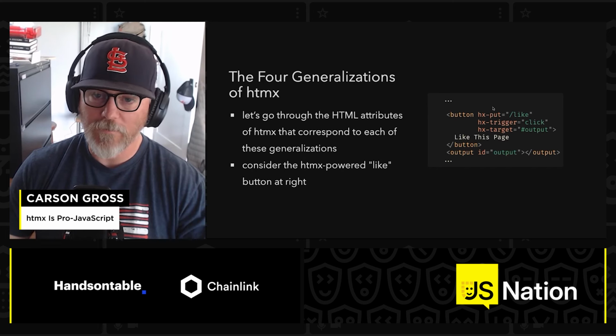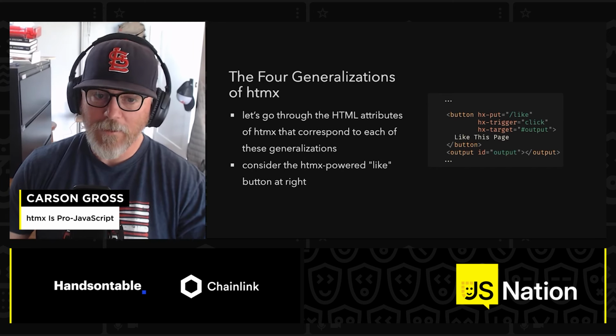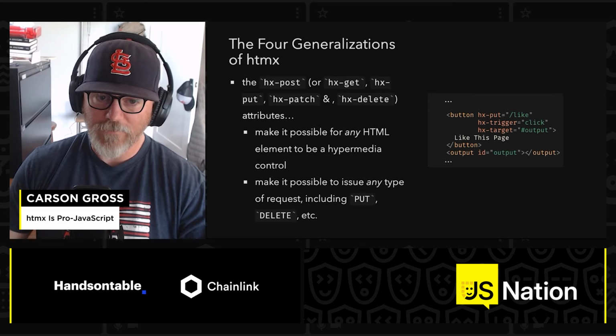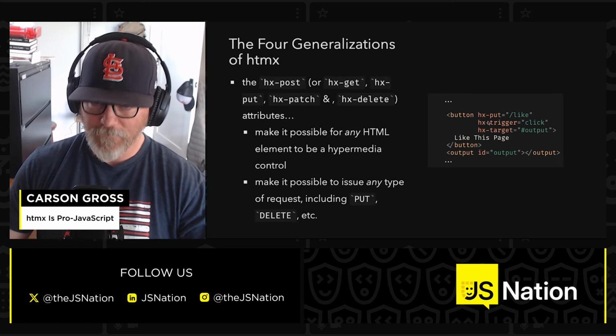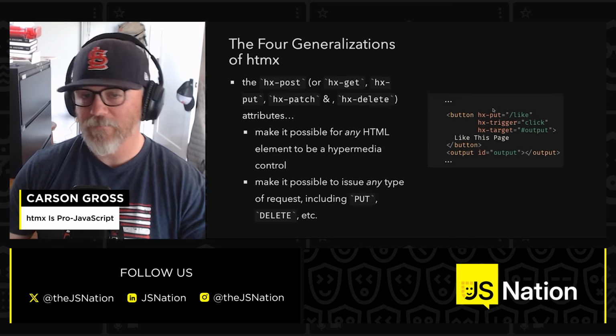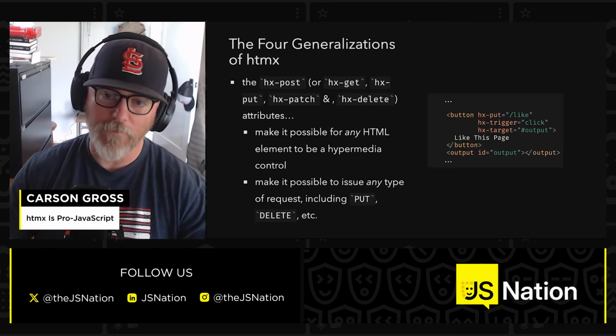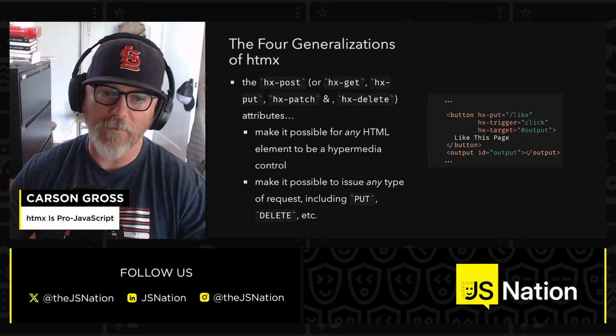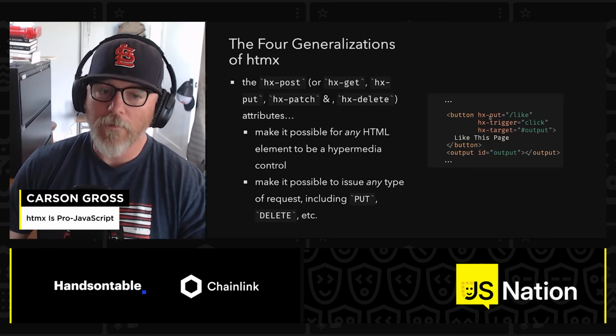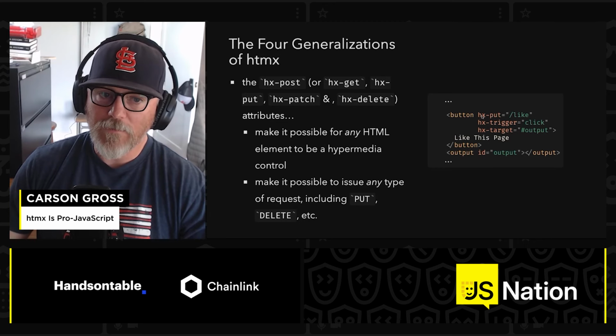So here's a like button that's been done in HTMX, and let's just go through the attributes on it that are being used by HTMX, or by the author using HTMX, to make this like button work. The first thing to note is this hx-put.